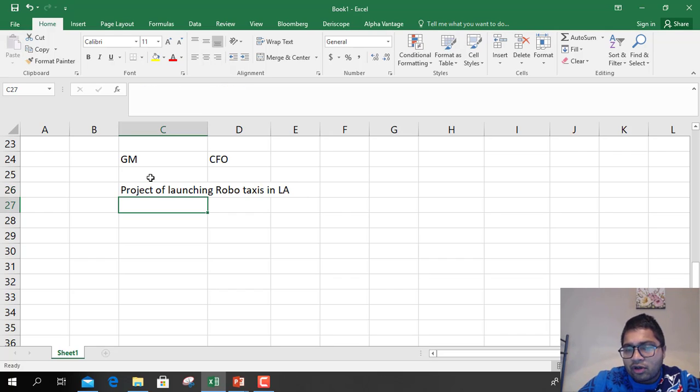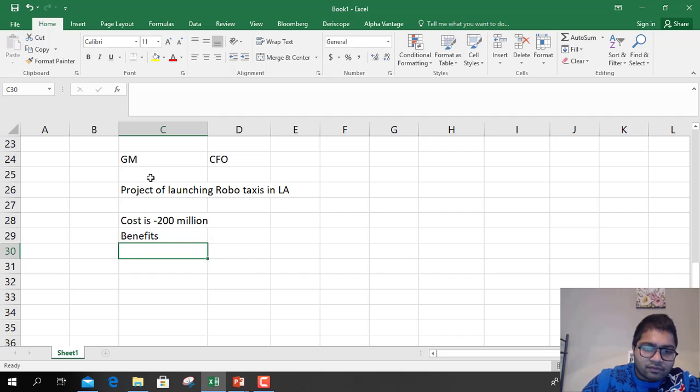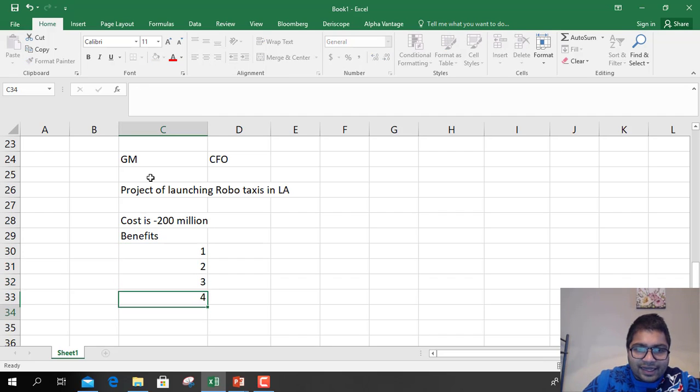He's saying the cost of the project is, let's say, $200 million, and the benefits are as follows. He gives you a benefit profile. It's a 10-year project.